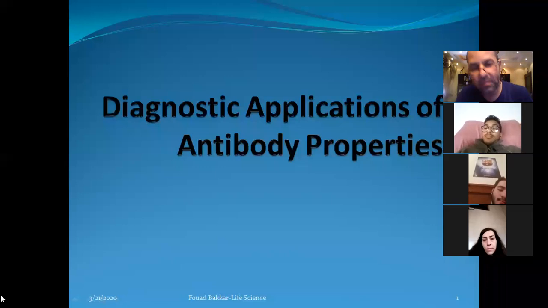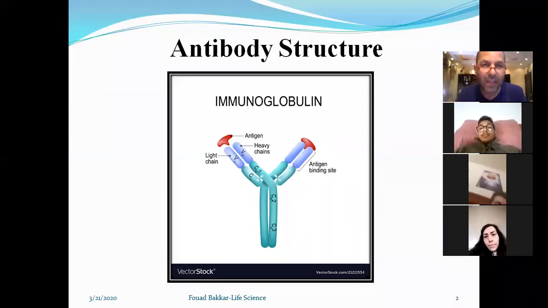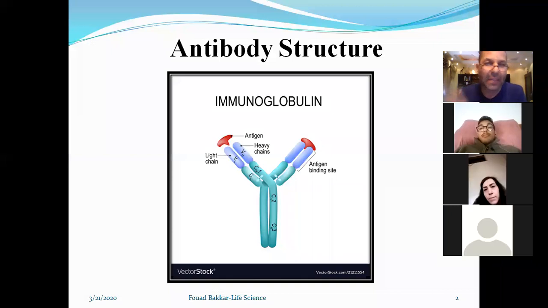No questions? Okay. So concerning our section, diagnostic applications of antibody properties, as we discussed yesterday, the basic issue of understanding how antibodies can be used in the diagnosis of a biological test is that we have to keep in mind the basic structure of the antibody, which is a Y-shaped protein.